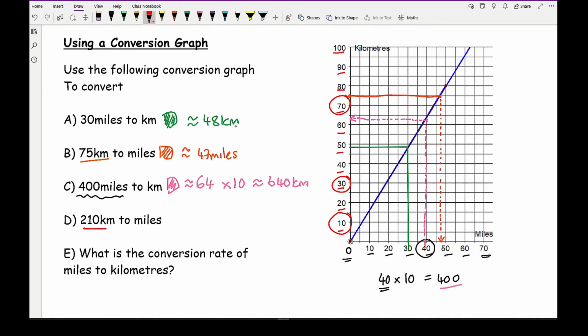So let's go for 10. Looking at how many miles there are in 10 kilometers, I would say roughly that's about 7. So 10 kilometers is roughly about 7 miles.